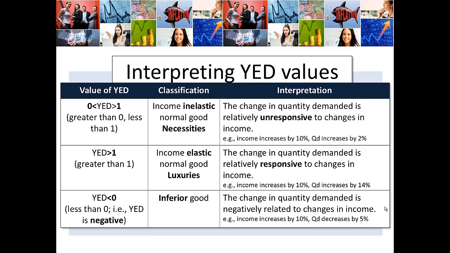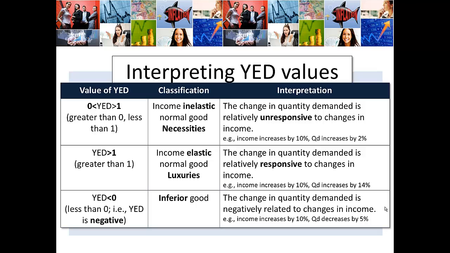So the change in income is going to be greater than the change in quantity demanded. For example, if income increases by 10% and quantity demanded just increases by 2%, we know we're talking about a necessity. It's a normal good, it's a necessity, but it's income inelastic.